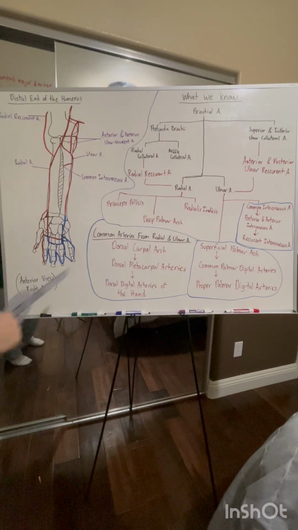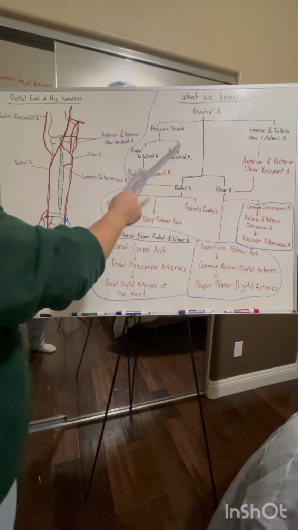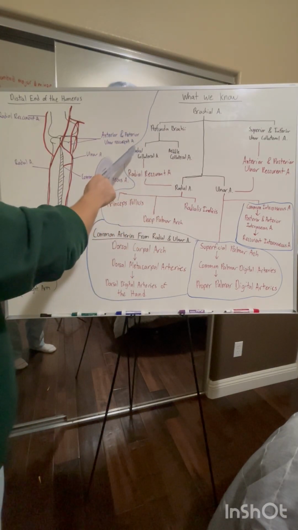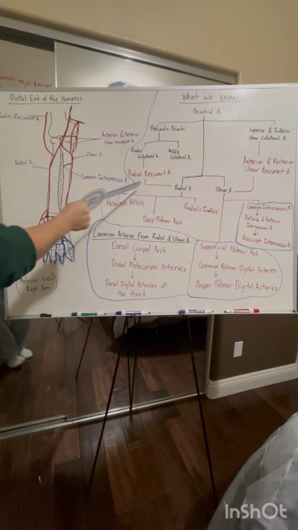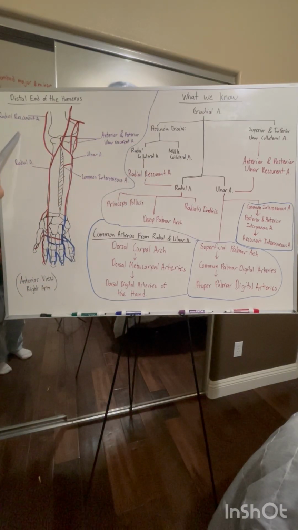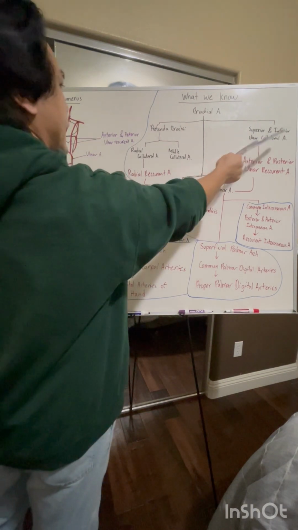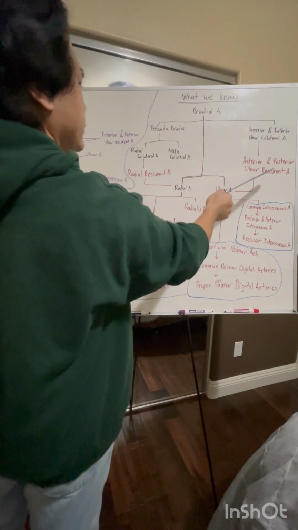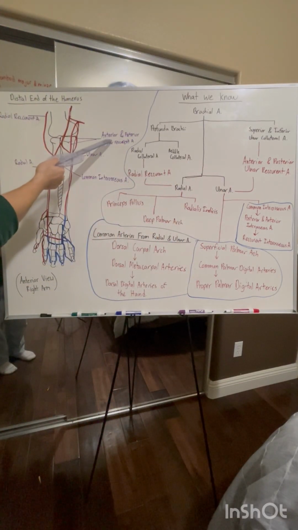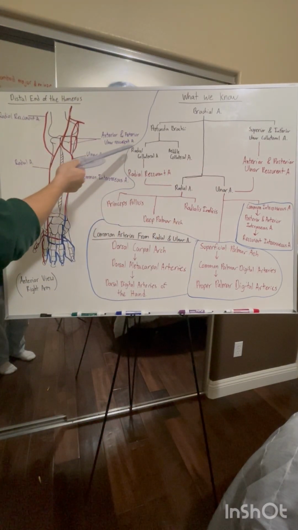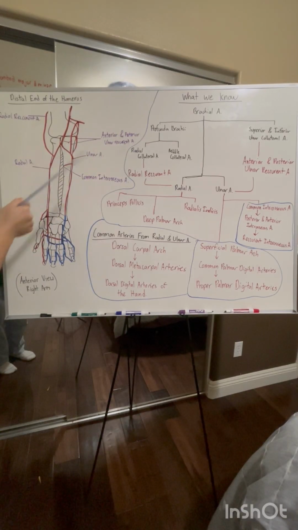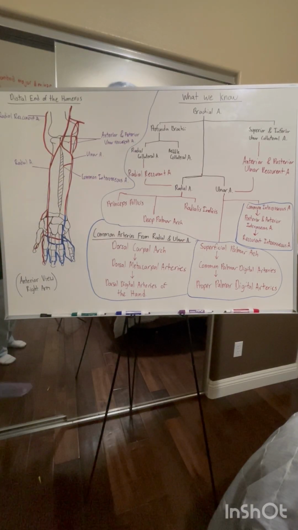Before we get into the forearm arteries, we'll see that the radial collateral artery is going to be forming into the radial recurrent artery, then branching back into the radial artery. And the same thing on the ulnar side: the superior and inferior ulnar collateral arteries are going to be forming into the anterior and posterior ulnar recurrent arteries, back into the ulnar artery. Okay, now we're at the forearm, and you'll see that these vessels will be forming from the cubital fossa.